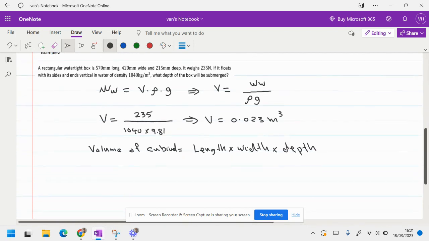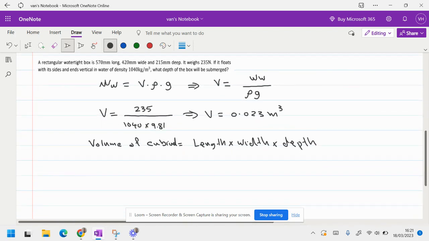Let me write that down as letters: length times width times depth. If I want to make the depth the subject, I divide both sides by length times width. So I end up with depth equals volume over length times width.